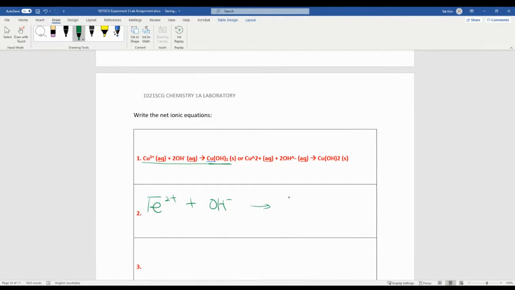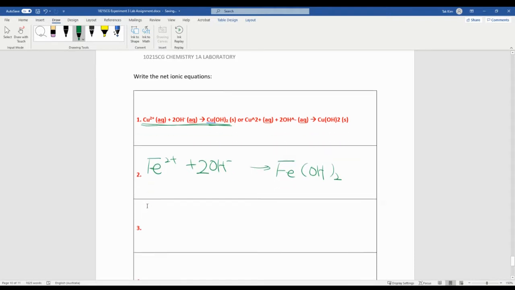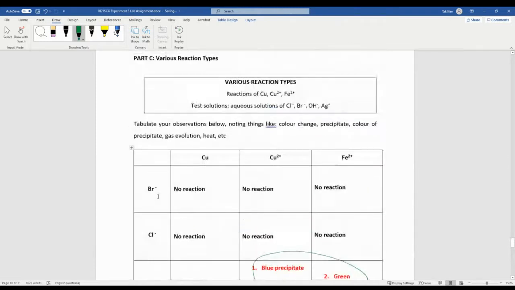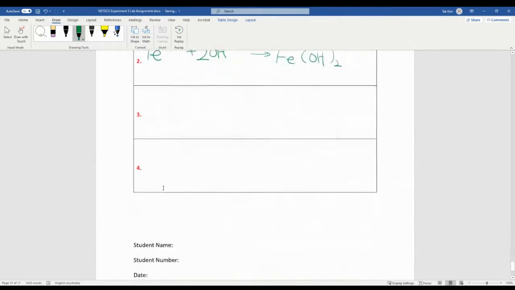So over here, you need to balance the charge, right? Same as over here. You gotta have 2 hydroxide. So in the end, the answer is quite straightforward because we have an example of copper hydroxide. So number 2 will be quite straightforward. And then number 3 and 4, okay.